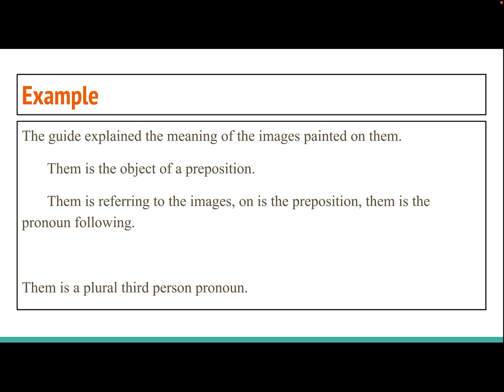Right before them is a preposition. On is a preposition, and them is referring back to the vases the images were painted on. So them is the object of a preposition because it follows the preposition on. It's not the direct object, it's not the indirect object, it's the object of a preposition.